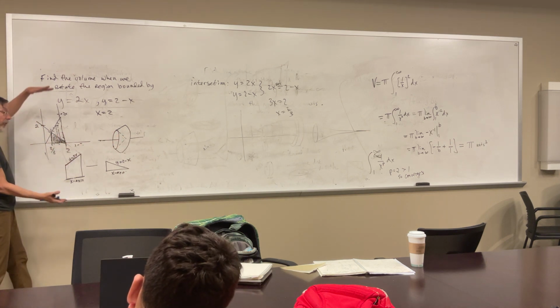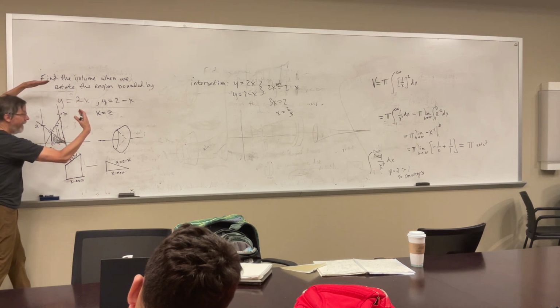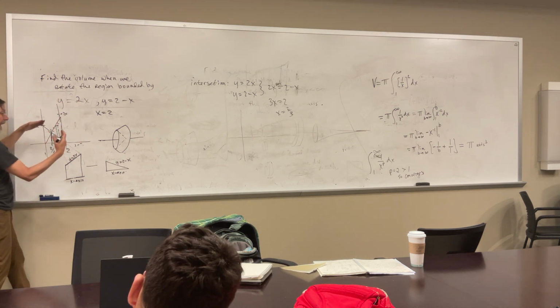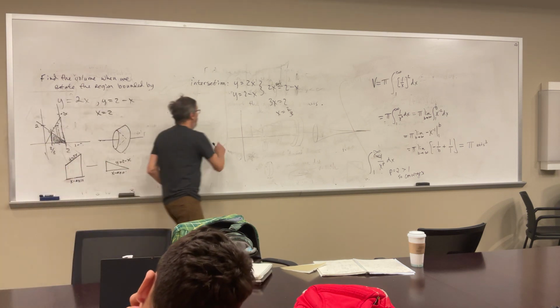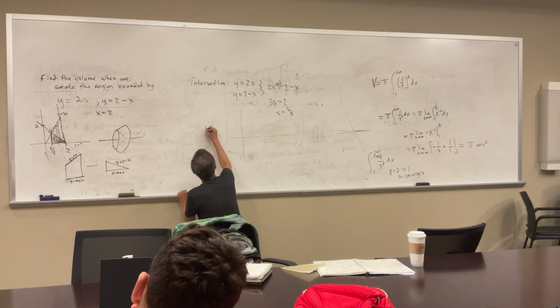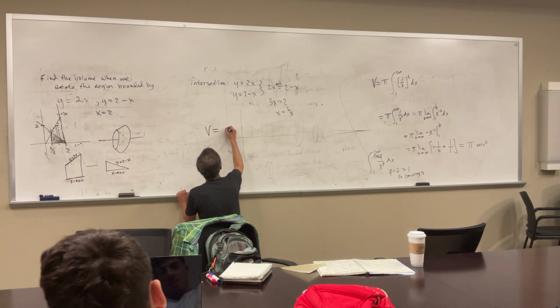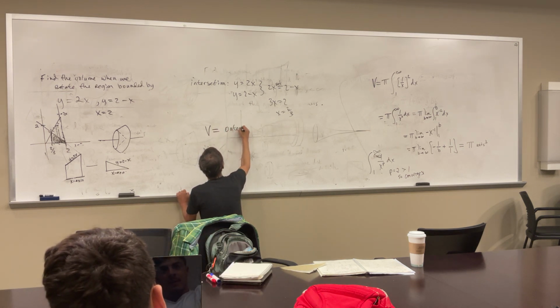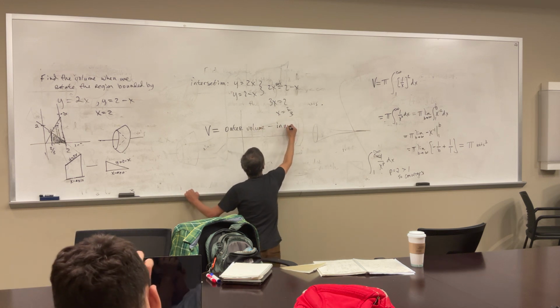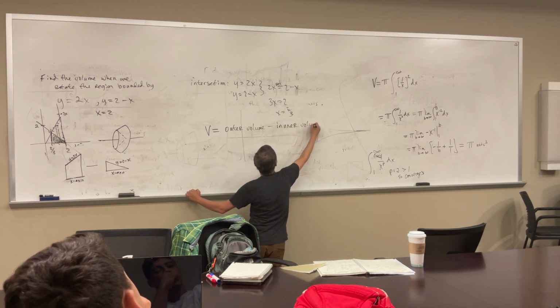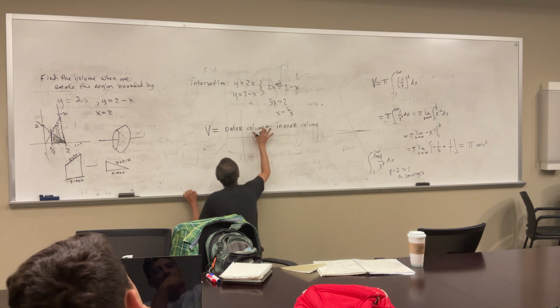For us, outer is always going to be further away, either up or this way, and inner is going to be closer to the axes. So what we're going to do here is say the volume is equal to the outer volume minus the inner volume. I've kind of been saying that, but now I'm going to write it up there.